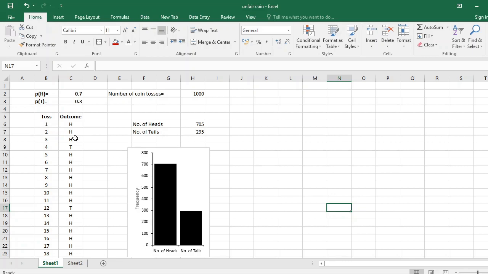So the key idea that I wanted to present in this particular video is that the RANDBETWEEN function will generate numbers with your given lower and upper limit with equal probability distribution, or uniform probability distribution, but it is up to us to draw the line and partition the set of numbers in such a manner that you get the desired probabilities of heads and tails.